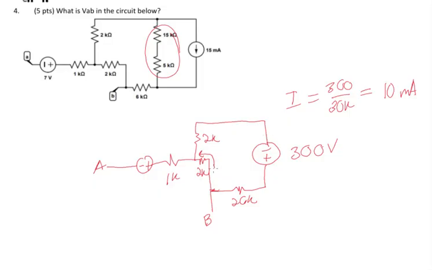So if current is going this way, then this will be our plus, our positive side. This will be our negative side. And now we can just do 10 milliamps times 2K to find the voltage over the 2K resistor. So V2K is equal to, that will be 20 volts.